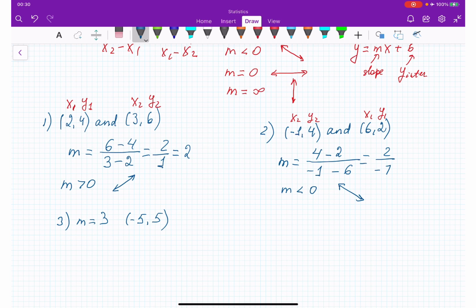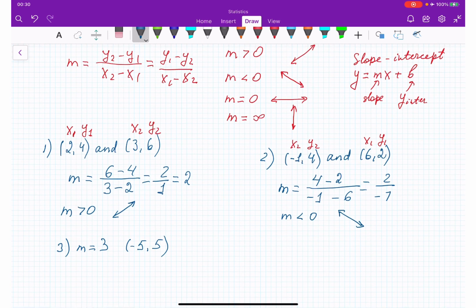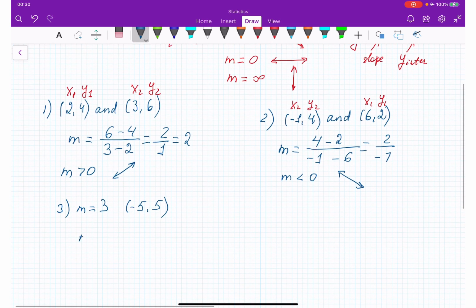Okay, so what we're going to do in this case, I'm using again m equal to y minus y1 over x minus x1. If you are wondering why I didn't put y2 minus y1 over x2 minus x1, it is for a very simple reason: I have only one coordinate here, x1 and y1. So that's why I kept y and x in general form, and here x1 and y1.